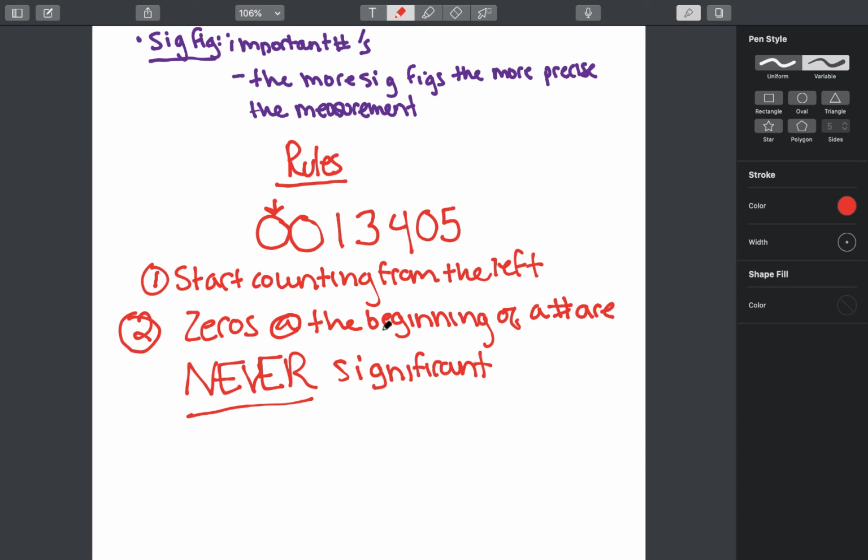Therefore, you should never count the zeros at the beginning of the number. So these two zeros in front of the 1 are insignificant.